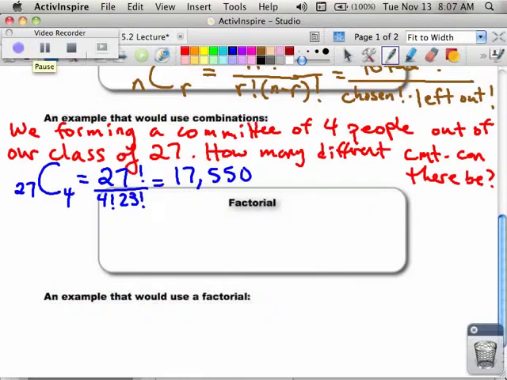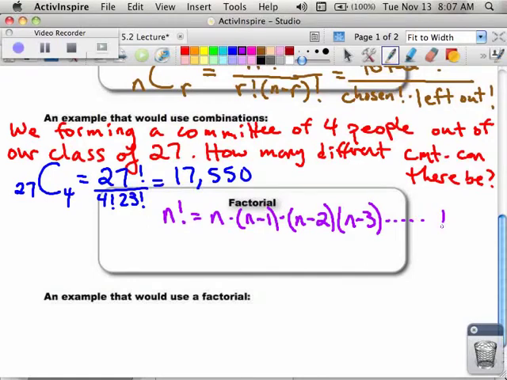Now, kind of the whole idea behind the stuff that we've been doing is that we're working with this thing called factorial. And factorial is talking about when you have something called n factorial. That means that you're taking the n thing that you see, like in the previous example, 27 maybe, and you take 1 off each time. So n minus 1, so 27 minus 1 is 26, times the next one, which would be 2 less than the original, so take away 2, then take away 3, then take away 4, and you keep on going until you get to 1.